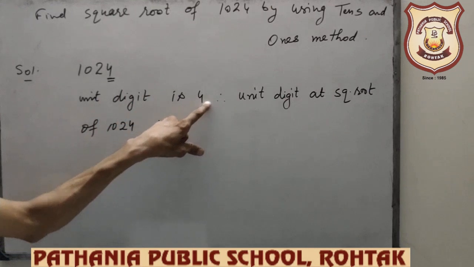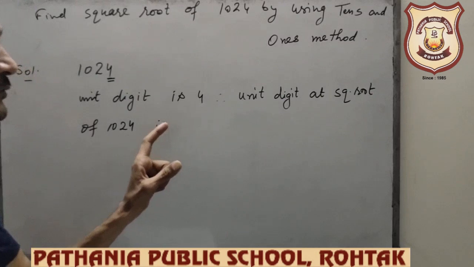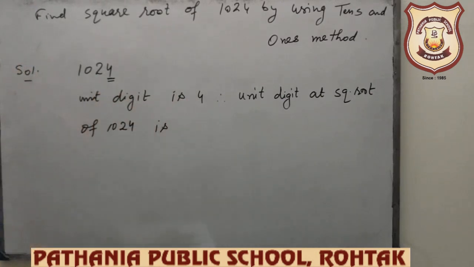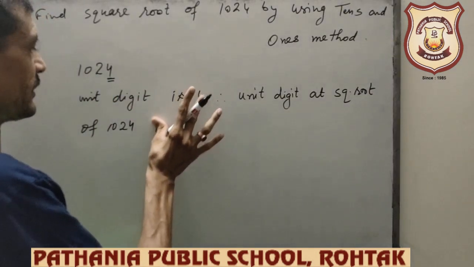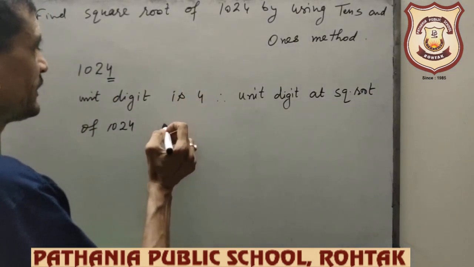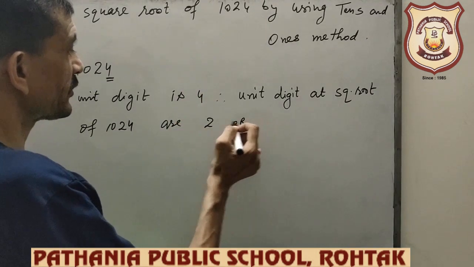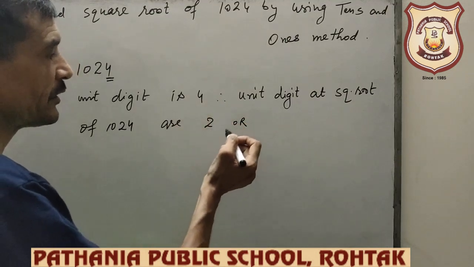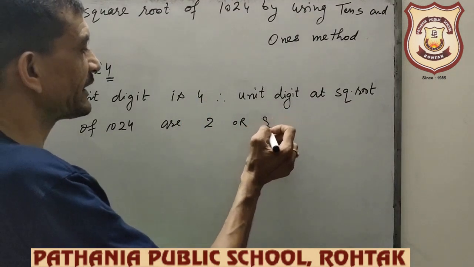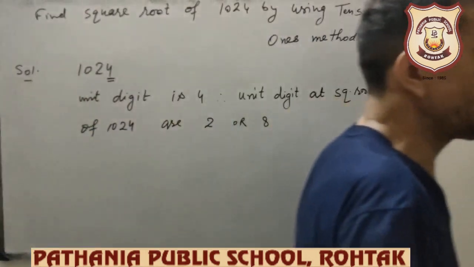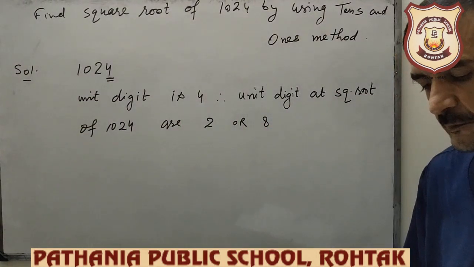When the unit digit is 4, think about a number whose square is ending in 4. Two numbers are there: 2, because the square of 2 is 4, and another number whose square also ends in 4, that is 8. 8 square also ends in 4 because it is 64.